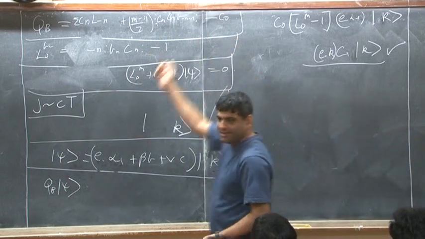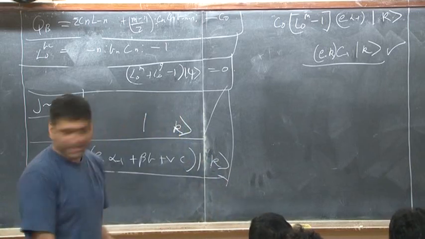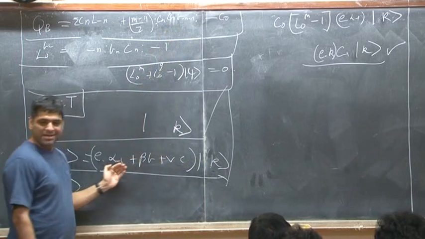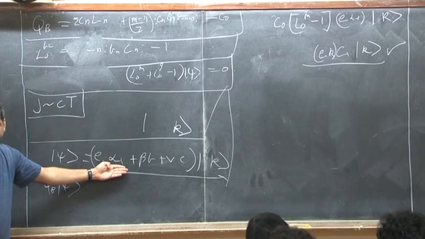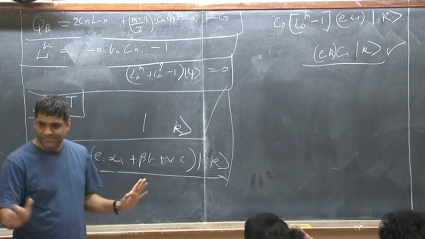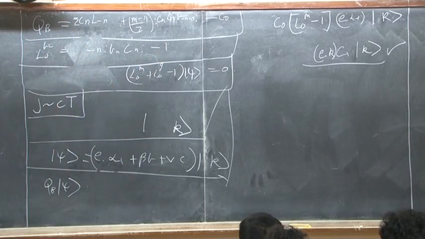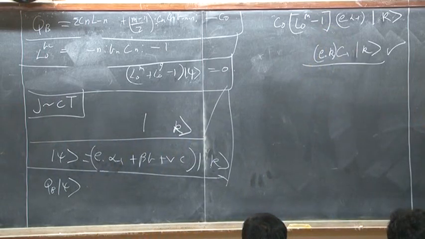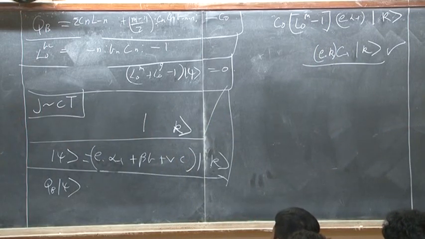Because it's normal ordered, the positive mode is on the right. That kills the state. So this term can only contribute if it hits some ghost creation operator. This term has no ghost creation operator, so acting on it just gives 0. So we've accounted for all terms acting on this state. All terms acting on this state give us this plus some C0 stuff. Is this clear? Sorry, it's not clear. Okay.